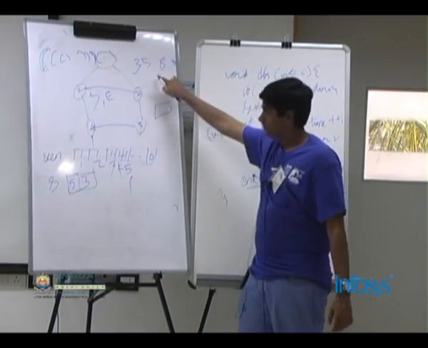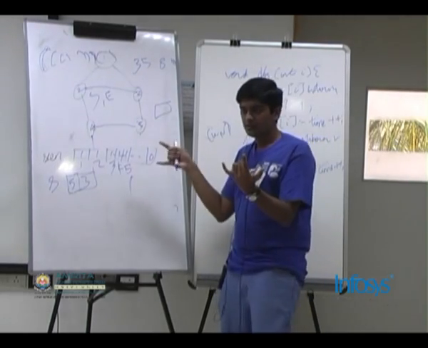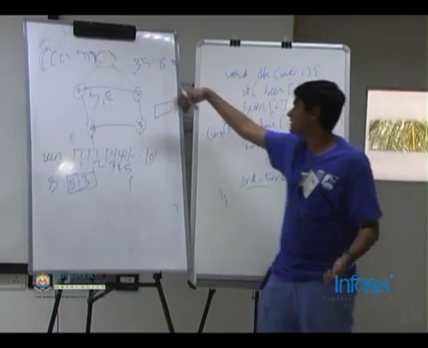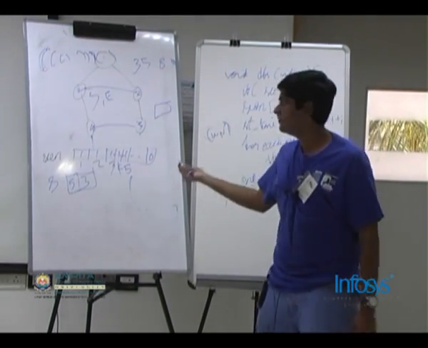So only if this 5 comma 8 lies within 3 comma 10, v is in the subtree of u. So this is one of the uses of discovery and finish time.